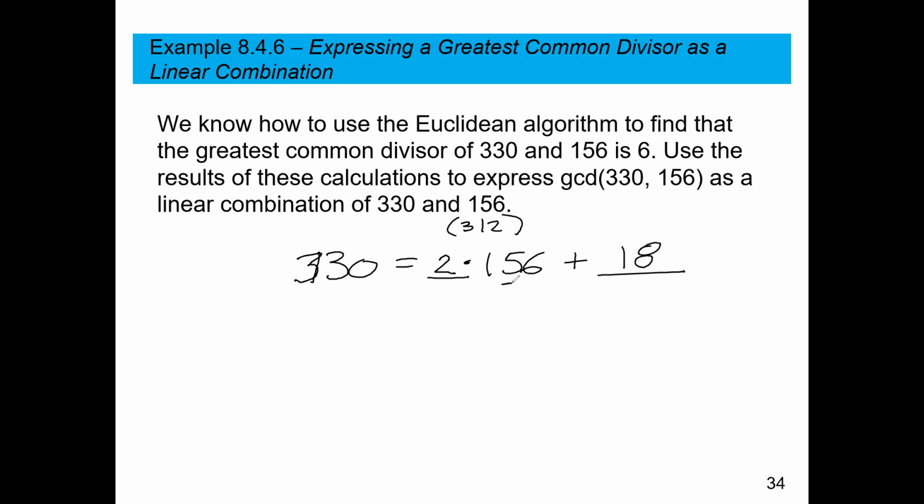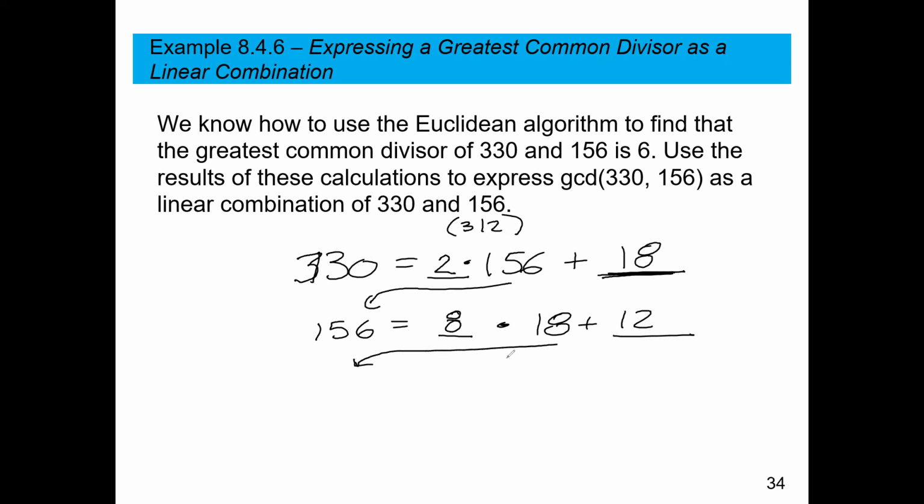Now what I do is I take the 156 and I move it down and I write 156 equals what times 18 plus what? So notice that I have this, and 156, I'll just help you right now, is equal to 8 times 18 plus 12.